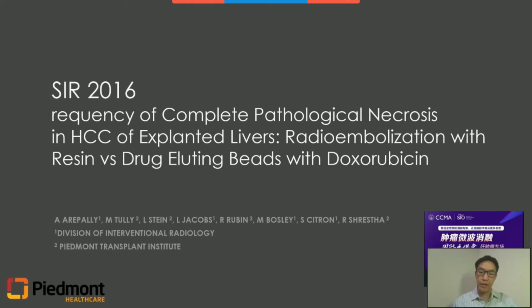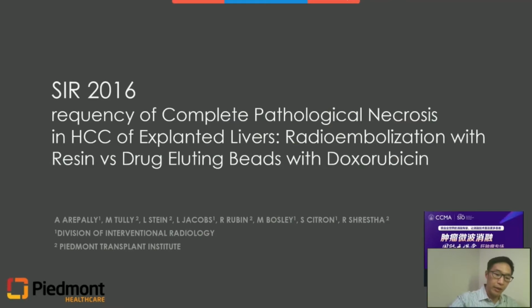This is important because it also helps describe why some of the response in Y90 or in SIRT is so deep and so profound. Tumors shrink more after Y90 as compared to TACE or DEB TACE, and tumors have a tendency to take longer to progress, so the time to progression is substantially increased.